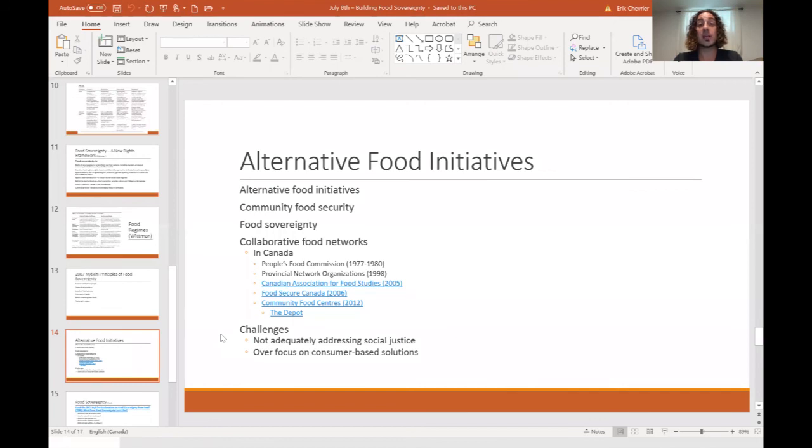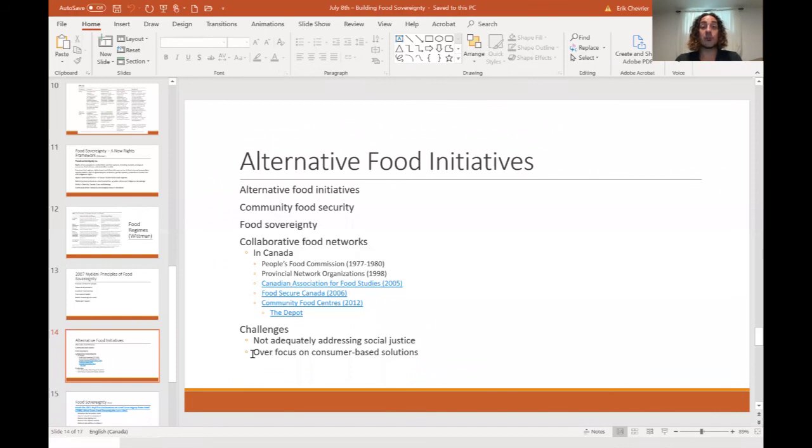There is not equal access to meaningful employment or better salaries for everybody. So there is social inequality, there's economic inequality, and all of these different things prevent people from having equal or adequate access to food. So how do we address social justice and root this into our understanding of food security and food sovereignty?